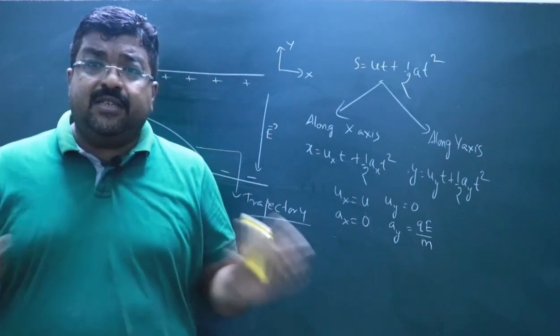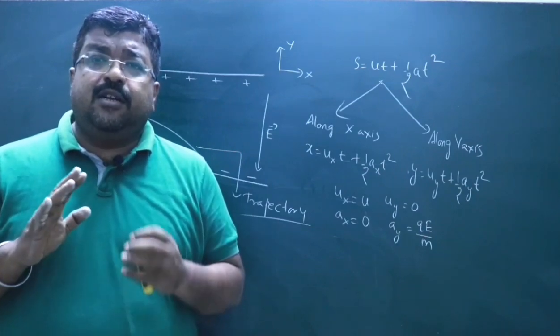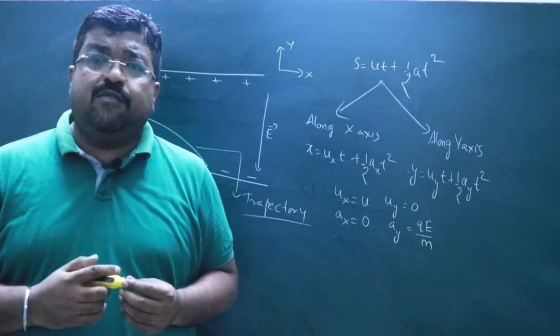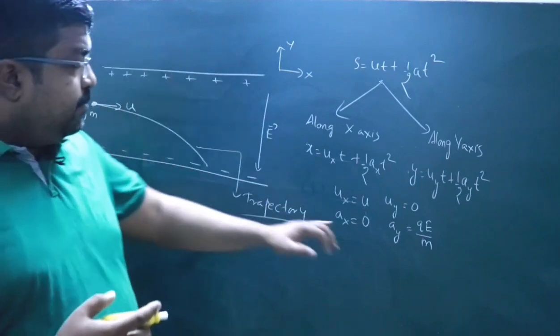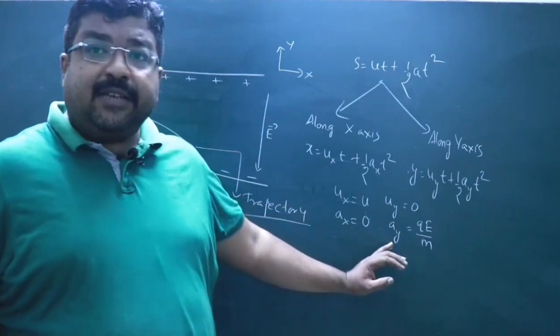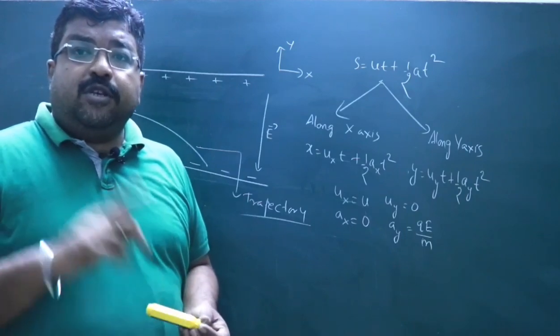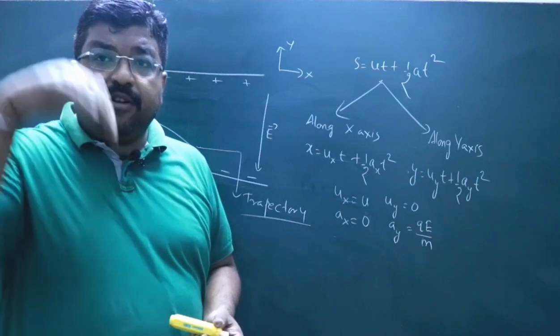If nothing is stated about gravitational force, you have to assume the charged particle is moving in a gravity-free region. That is why I am writing acceleration as qE by m. Otherwise there will be one more term, plus g, the acceleration due to gravity, which also acts vertically downward.